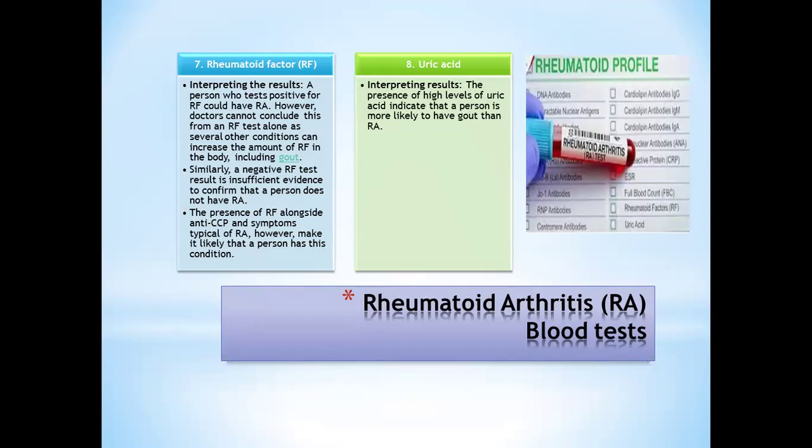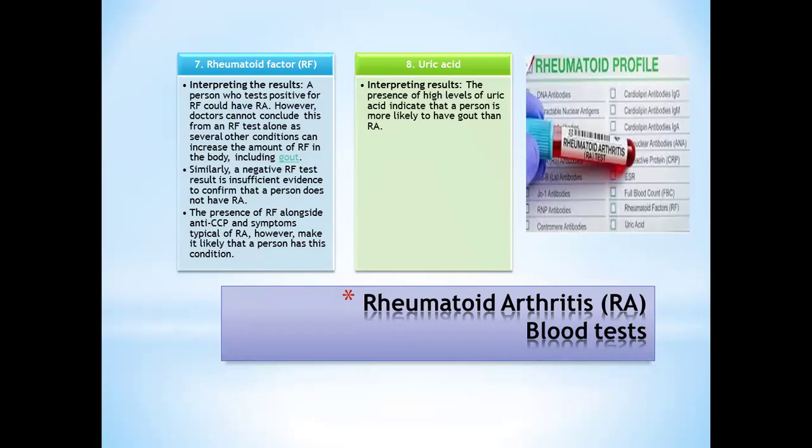A person who tests positive for rheumatoid factor could have rheumatoid arthritis. However, doctors cannot conclude this from a rheumatoid factor test alone, as several other conditions can increase the amount of rheumatoid factor in the body, including gout. Similarly, a negative rheumatoid factor test is insufficient evidence to confirm that the person does not have rheumatoid arthritis.